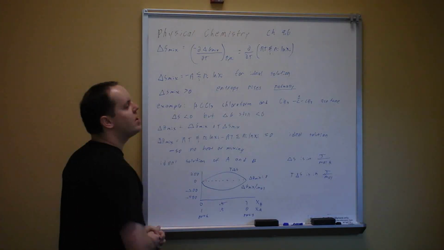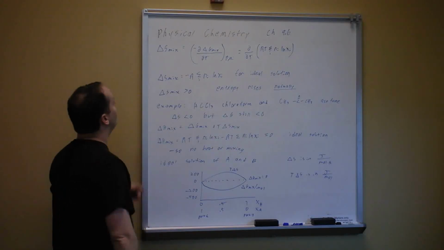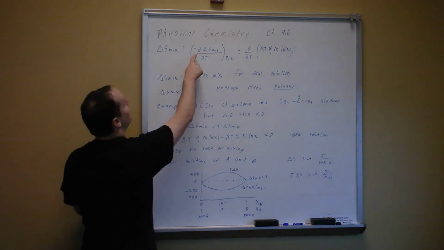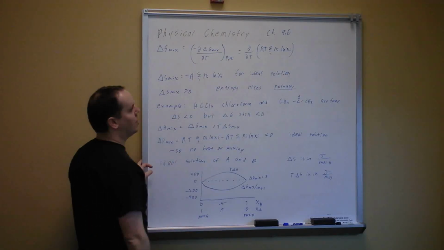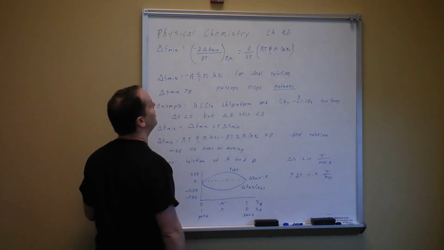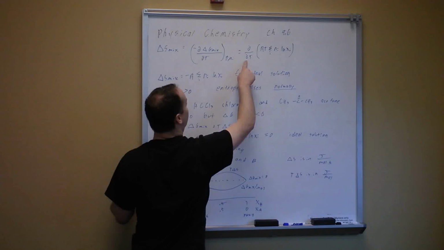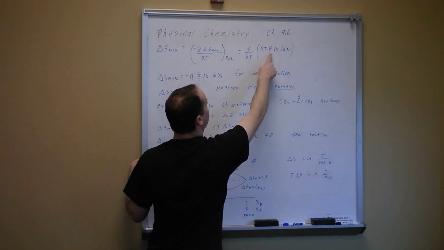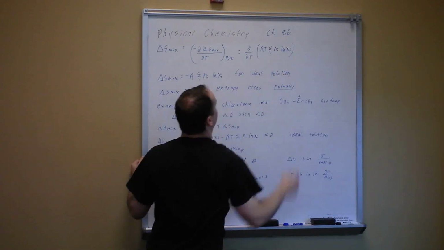Continuing on physical chemistry, chapter 9, section 6. So delta S of mixing is equal to the derivative of the change in Gibbs free energy of mixing with respect to temperature, holding pressure and the number of molecules of each species constant. Pulling that out and substituting in, we get the derivative with respect to temperature of RT times the sum over substance i of n_i times the natural log of x_i.